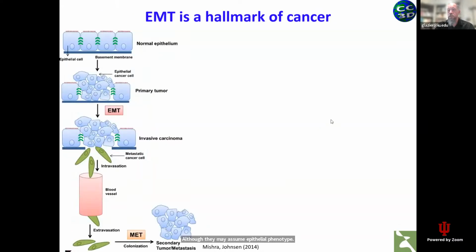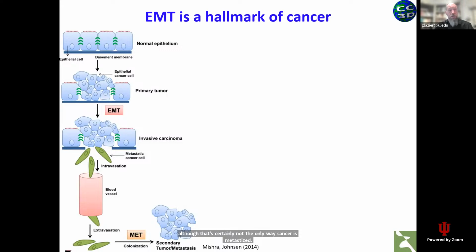And so this is just a statement again about this transition from a typical epithelium to a disorganized epithelium to an invasive phenotype in a frank cancer, then potentially migration through the bloodstream, although that's certainly not the only way cancers metastasize, the formation of a secondary tumor.